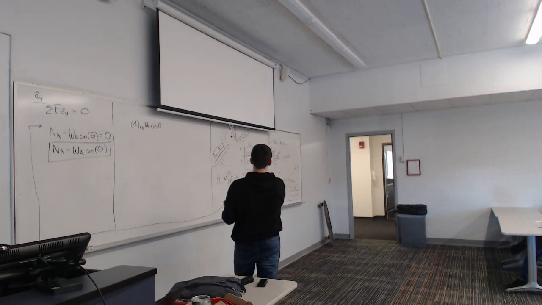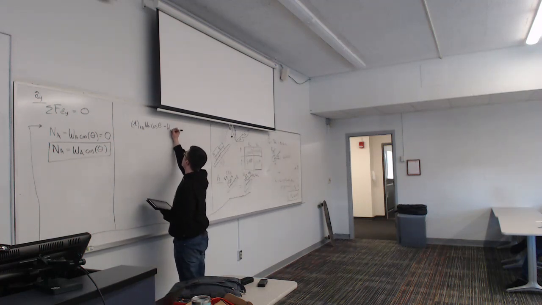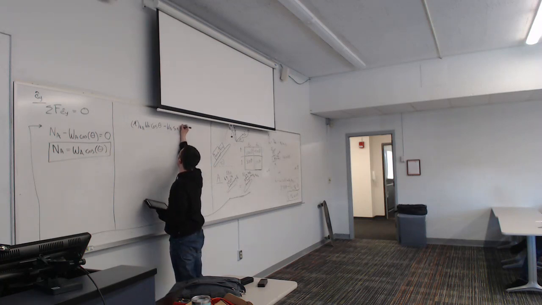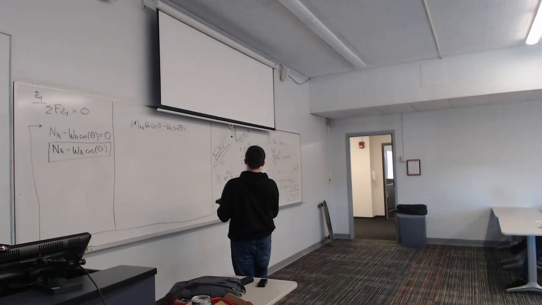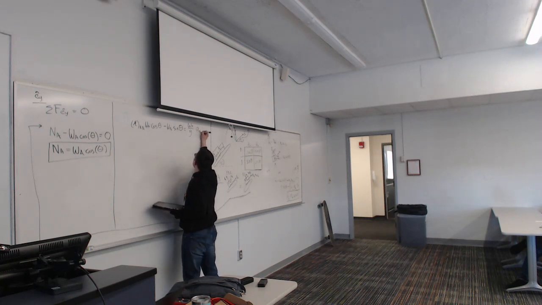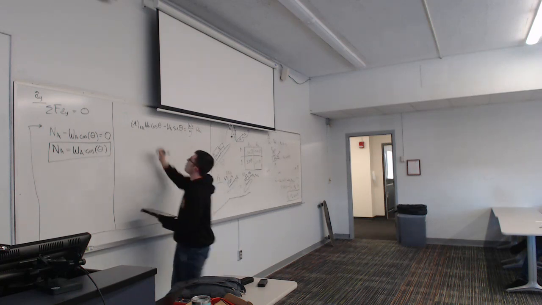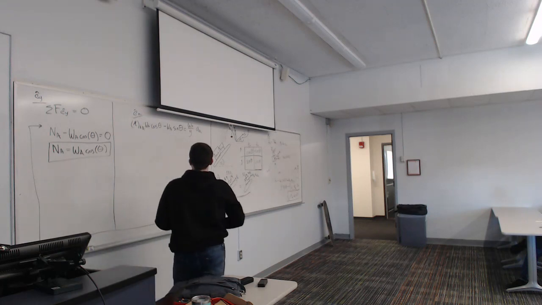And then the next part is the weight of A times the sine of theta. And this equals the mass of A, which is also equal to the weight of A divided by gravity, times the acceleration of A. And recall, this is still just in the e_x direction. Now, last step is plug and solve.